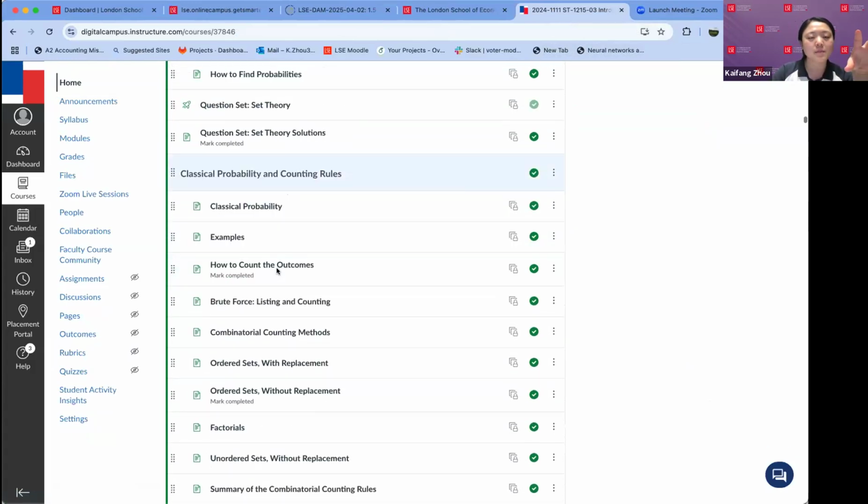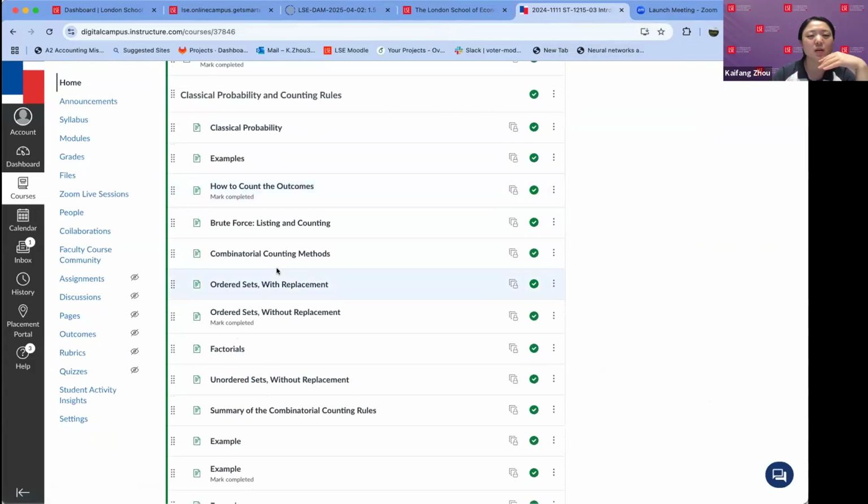Chapter 2 is quite long. It starts with set theory, then the three axioms of probability, and then the third part of chapter 2, which is classic probability and counting rules.